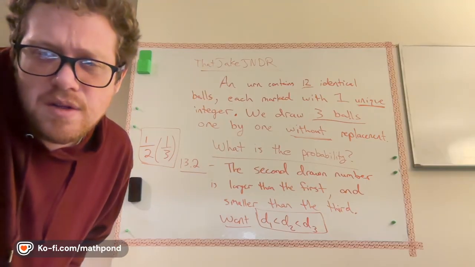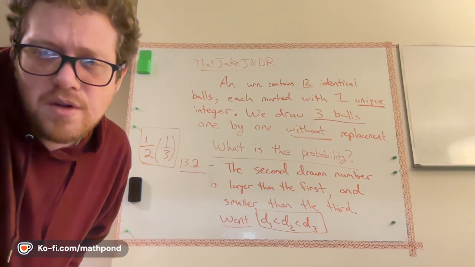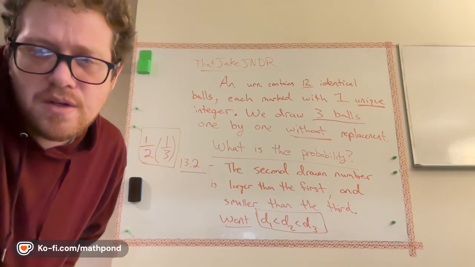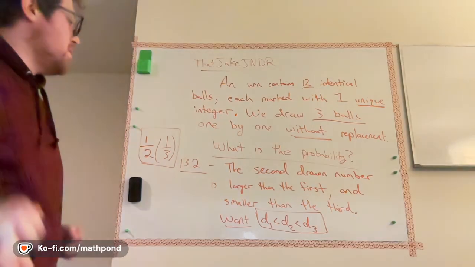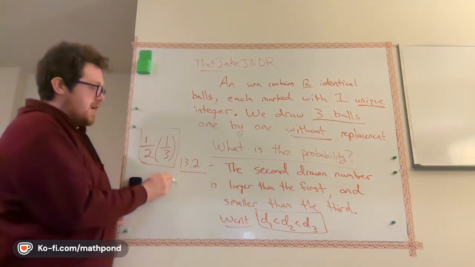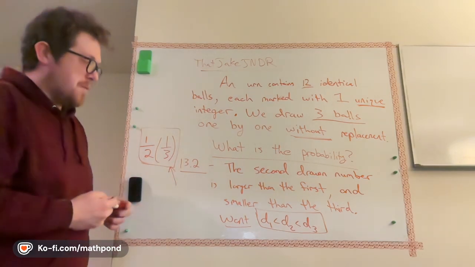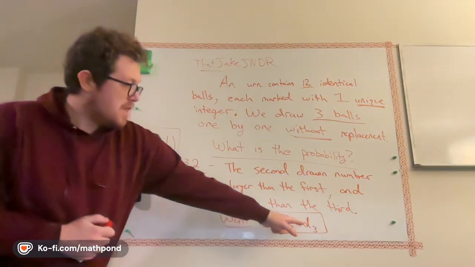Either D1 is less than D2 or D2 is greater than D1, but then why is there a 1/3 chance that D3 is greater than D2? So we would either have to argue that D3 greater than D2 has a 1/3 chance, or we have to do some sort of argument about the uniform distribution of the permutations.